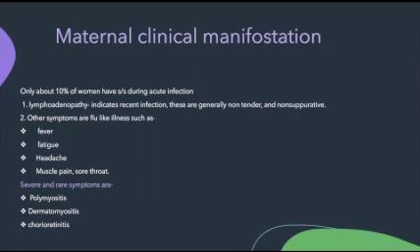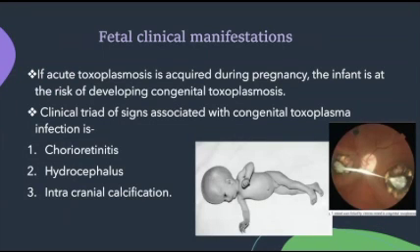It can be lymphadenopathy and other flu-like symptoms: fever, headache, muscle pain, sore throat. And there are some rare, severe symptoms: polymyositis, dermatomyositis, and chorioretinitis. These are rare symptoms of toxoplasmosis in the mother.